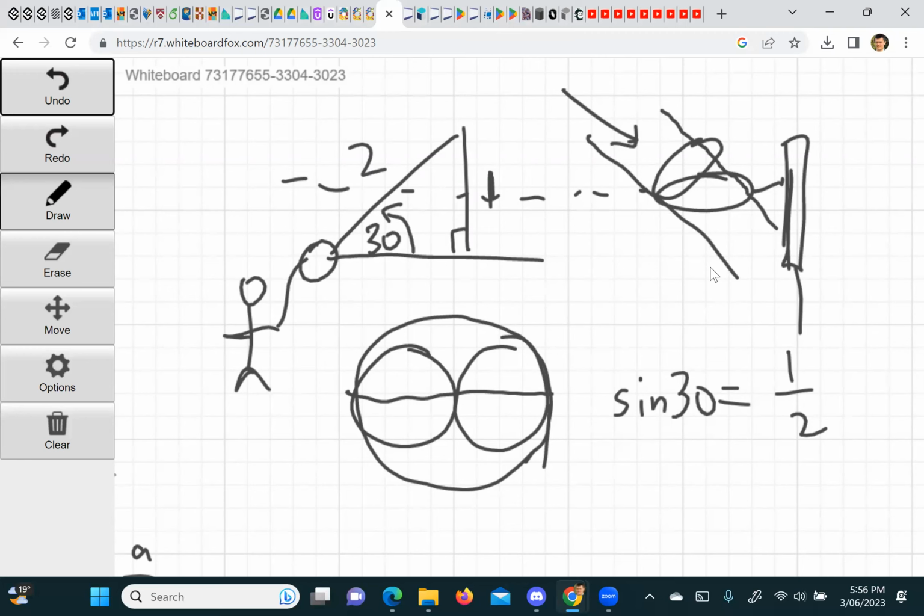Because the angle is 30 degrees, if you shot it at the same height as the ring, the ball will see exactly half of the ring, so it'll exactly fit through.